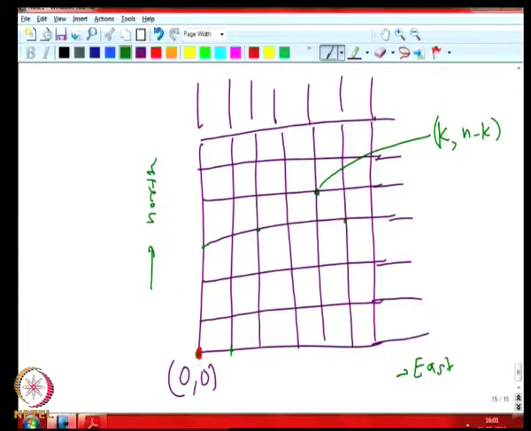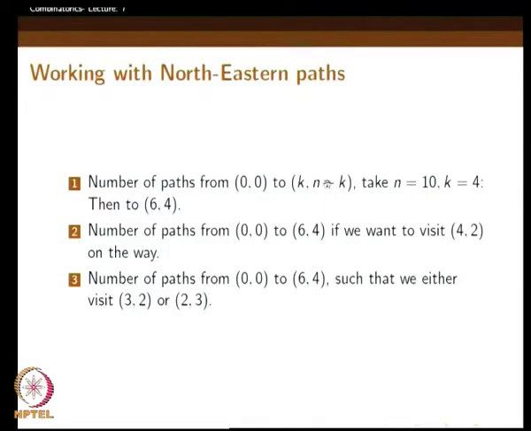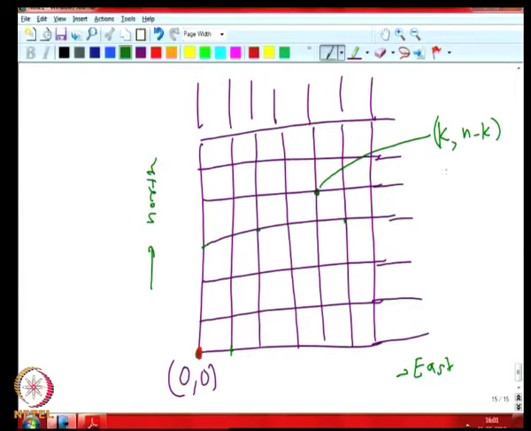So, I put n equal to 10 and k equal to 4, so this is 4, 6. I am interested in reaching 4, 6: 1, 2, 3, 4 here, and 1, 2, 3, 4, 5, 6 here. So, this point is 4, 6.